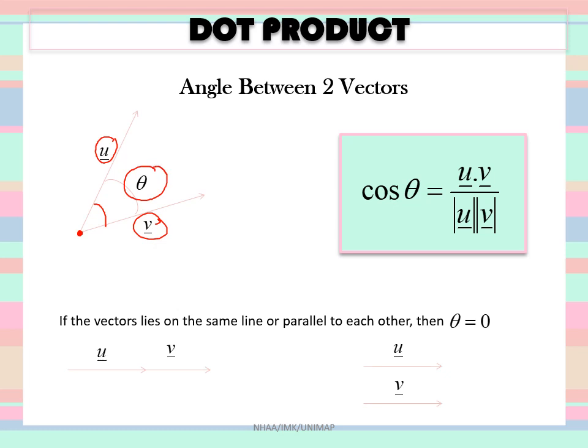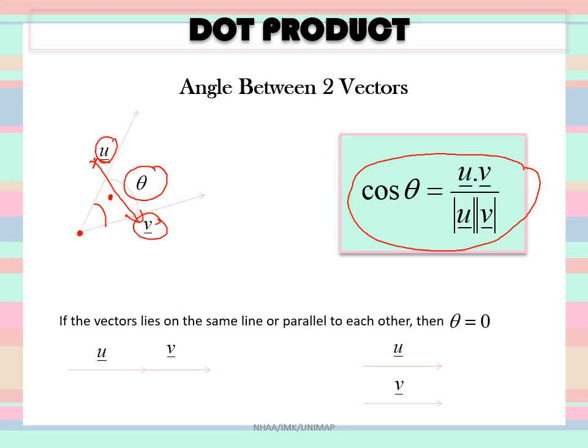This theta, we can find by applying this formula. Find the dot product of vector u and vector v, over the multiplication of the length of u and the length of v.